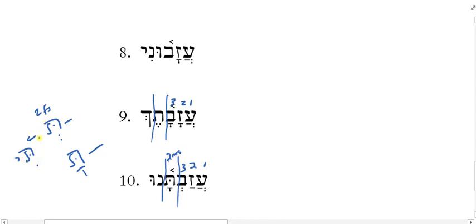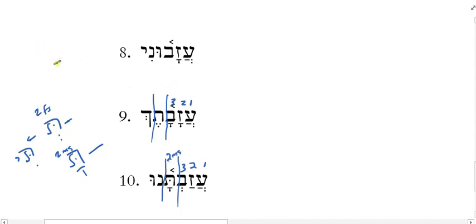So that can't be 2fs. And it can't be 2ms because that's the 2ms ending. Okay? So what am I left with? Well, 1cs is ti, but it's not that, is it? So what is this? It's not the 2ms or 2fs. Those become ta. And I'm done with the tavs for the second person form, except for one thing.